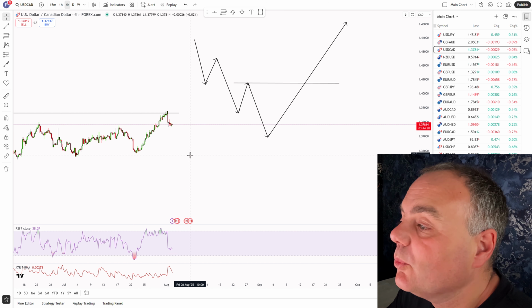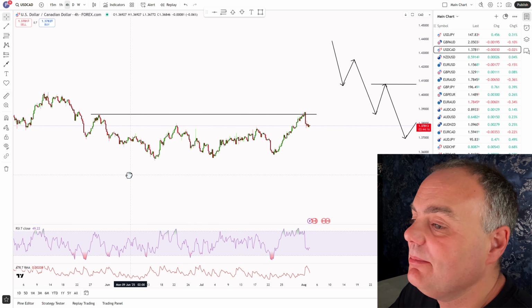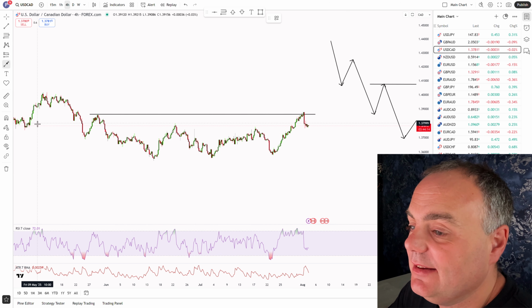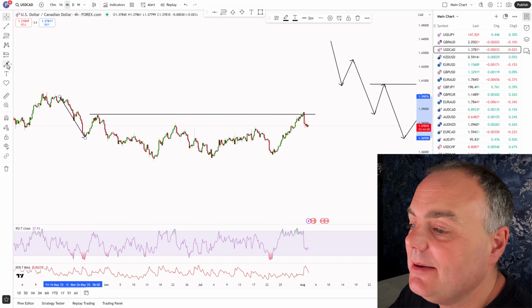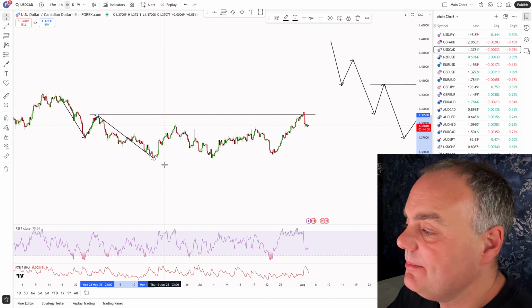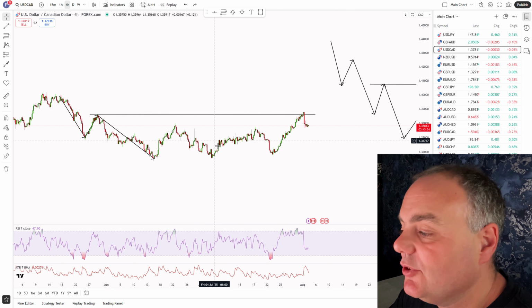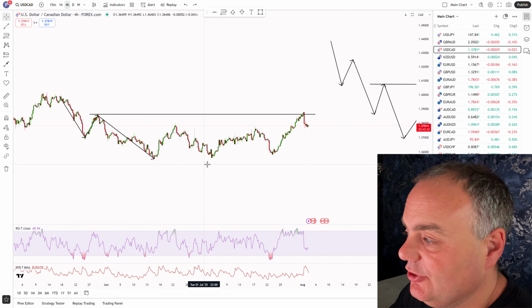So let's have a look at a practical example. We've been traveling in the bearish direction, and most recently we've had a retracement and a new lowest point here. When we get to this point, we want to trade the continuation in the bearish direction.